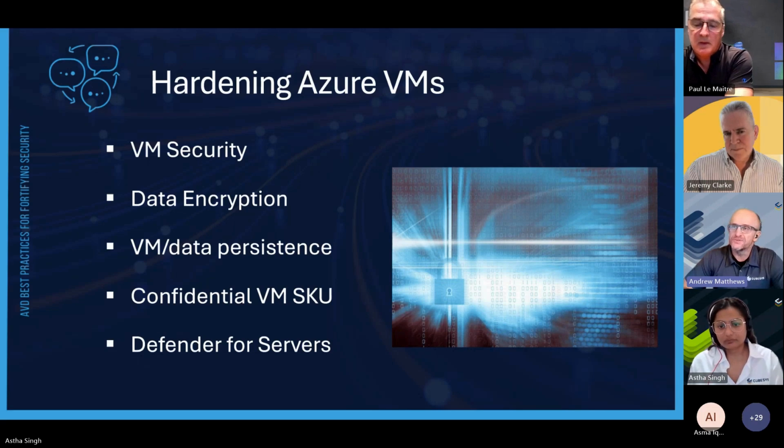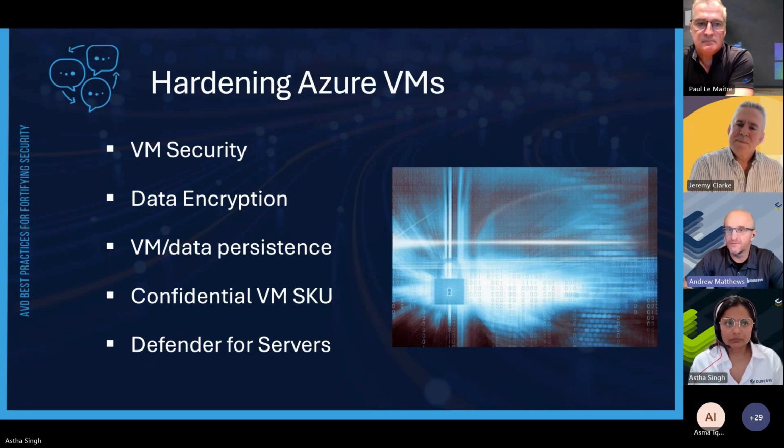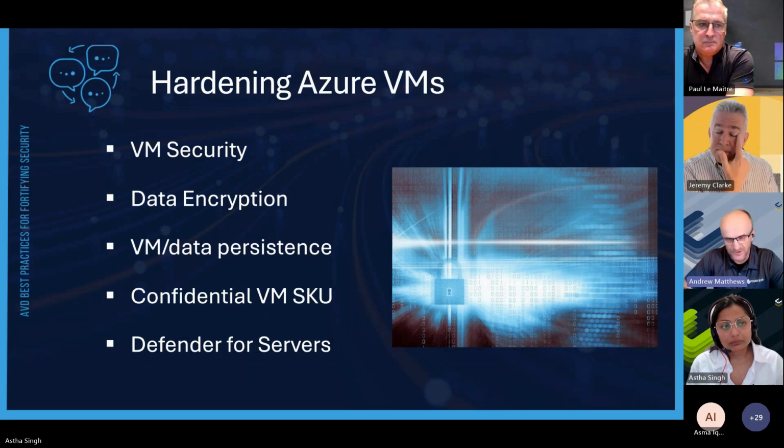We always use Gen 2 Azure VMs these days that have trusted launch capability. That's low-hanging fruit to enable straight away. It's just a tick box, and that enables a virtual TPM module on the session host, which enables secure boot and integrity monitoring. So that's something we typically always do.